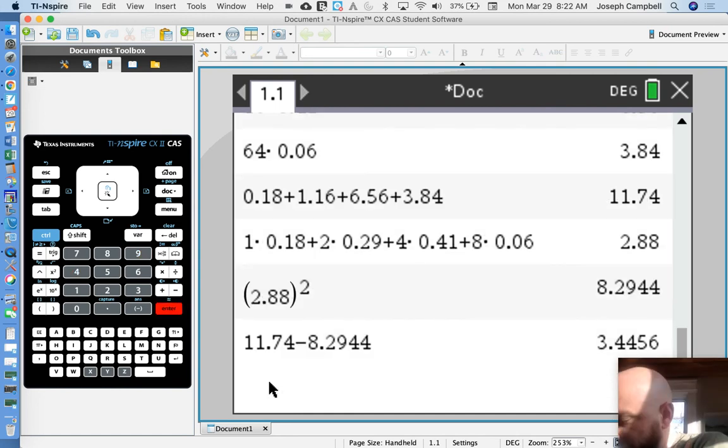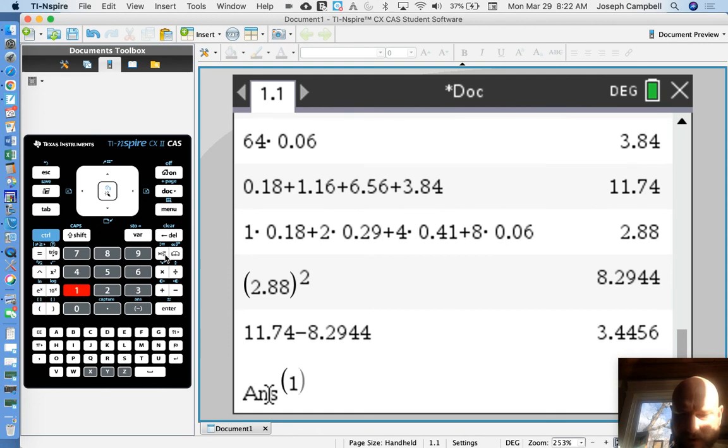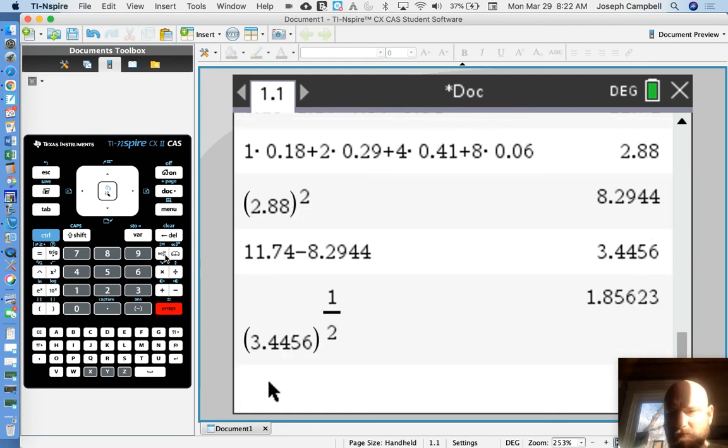Okay, so our answer for the variance is 3.4456. And let's go ahead and find the square root of that. It's actually sometimes easier just to exponentiate by a half, and that would be 1.856.